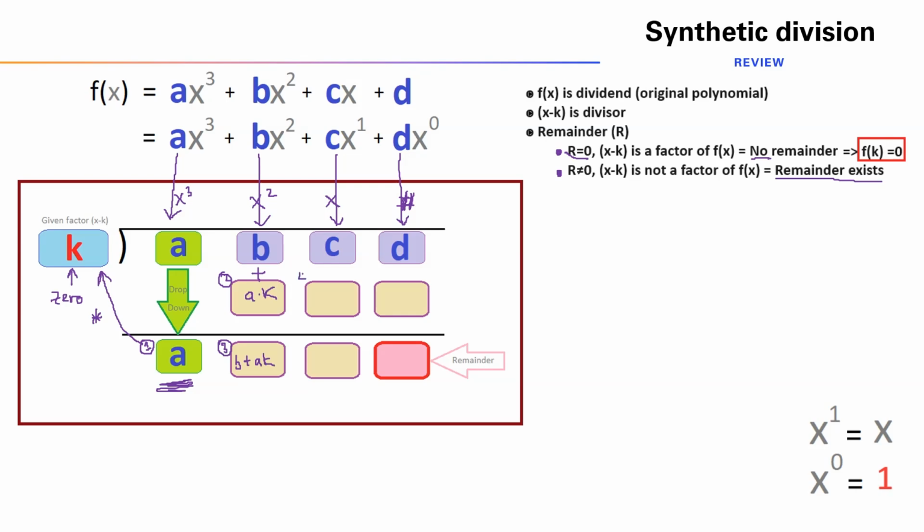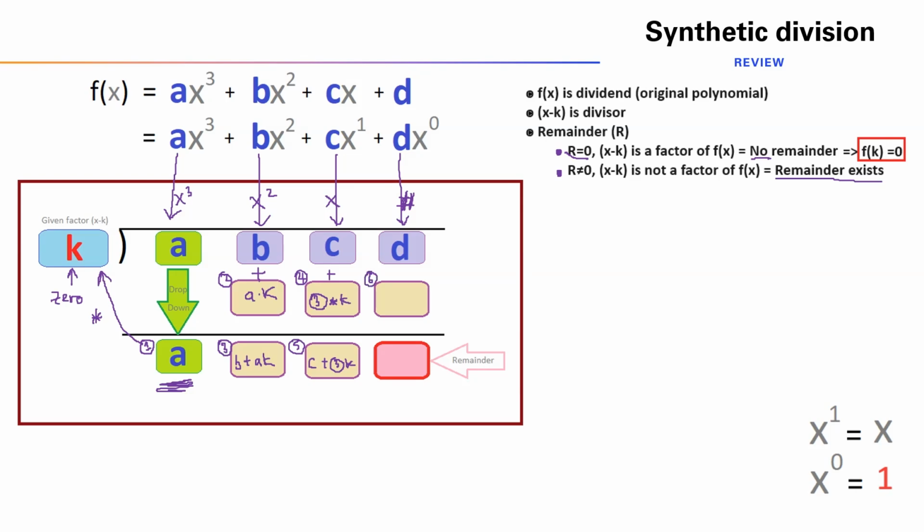Now the fourth box right here, we take the third one multiplied by k. Now we add it, so we have c plus the third box times k. And this is the fifth one. Now this is the sixth one.